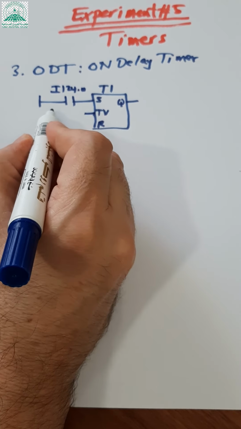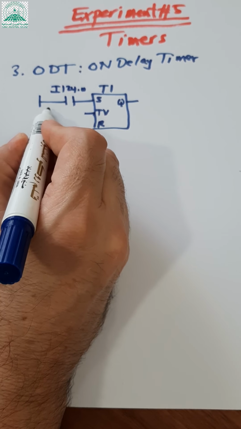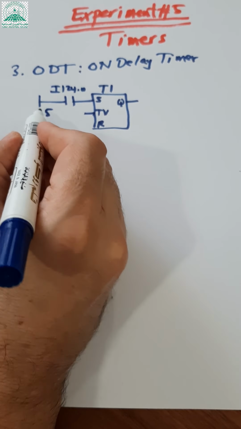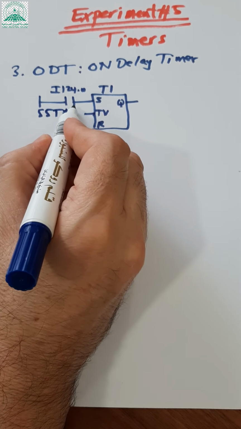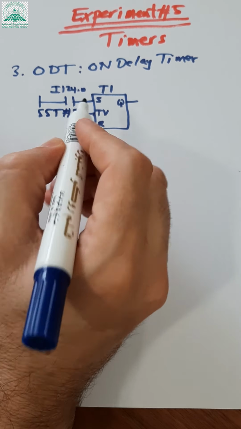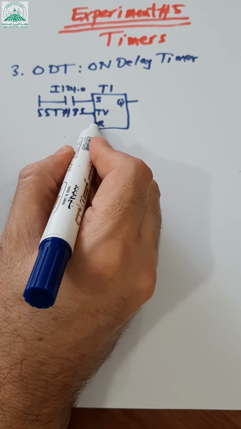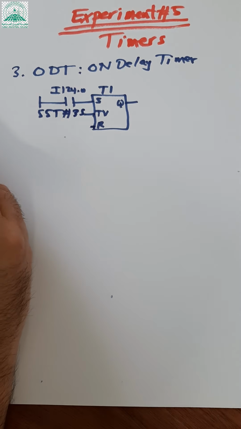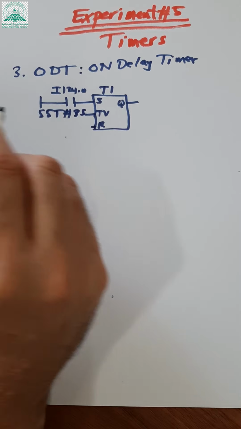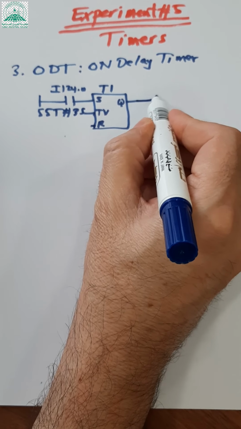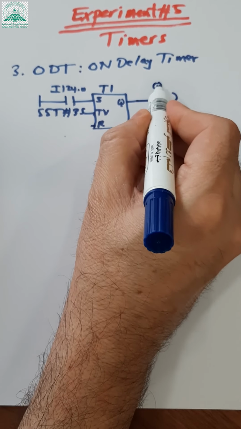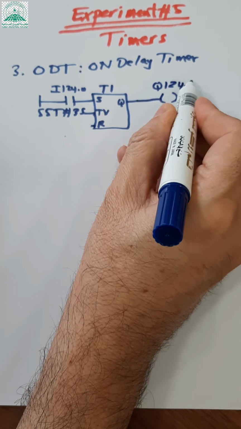The TV value should stick with the format S5T hash, for example 3 seconds. The R input here is not compulsory, we can use this timer without any reset input. The Q output here we connect it to, for example, Q124.0.